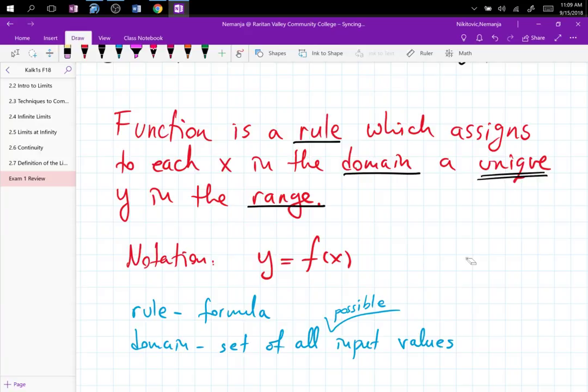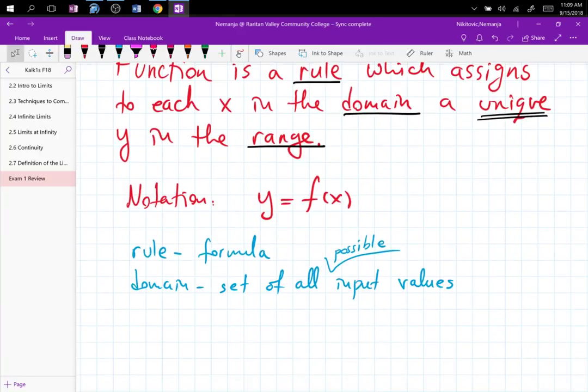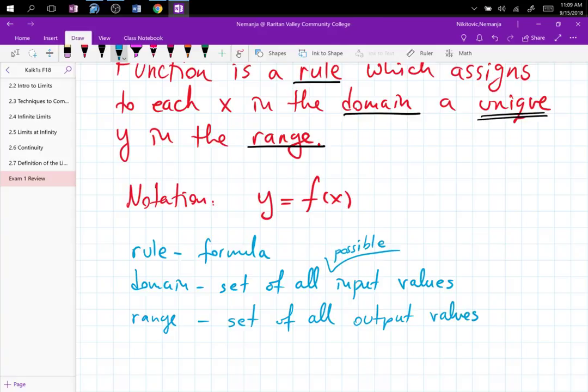So, the set of all possible input values. Range: the set of all output values. We cannot use the word possible here because it is a consequence of an input, so there is no need for the word possible.